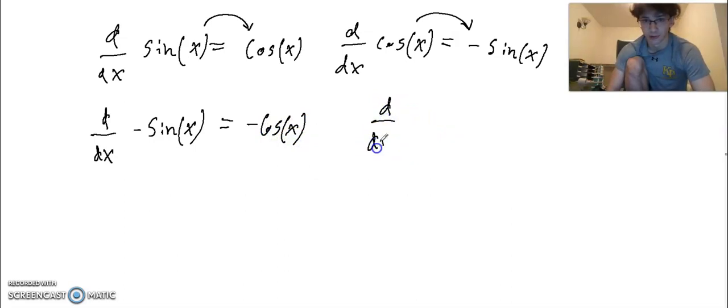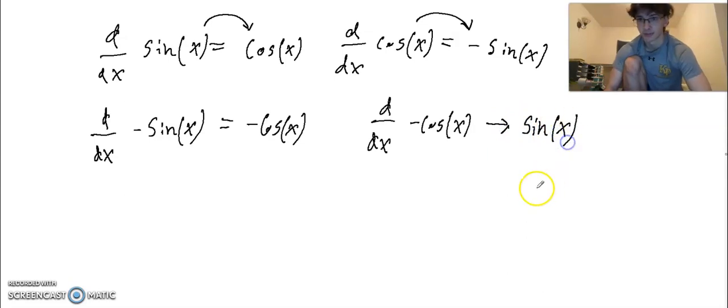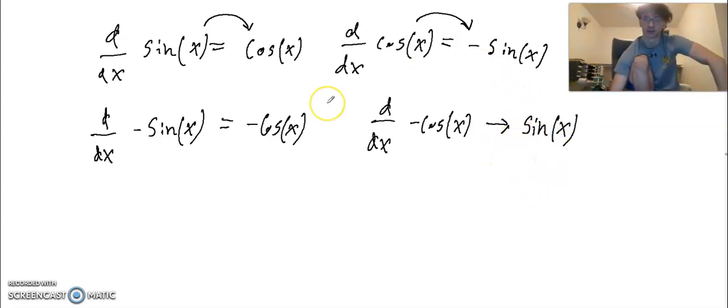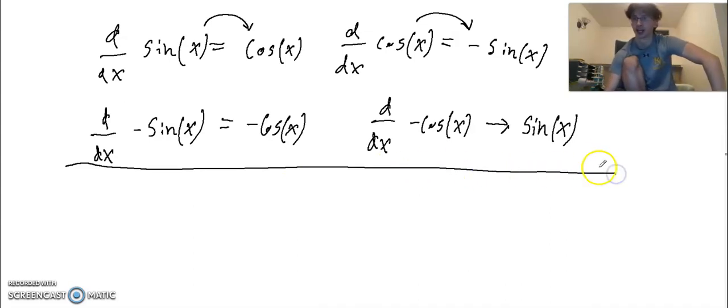And if we have the derivative of negative cosine of x, then it'll just equal sine of x. So that's pretty much what we memorize, but let's go into some examples.